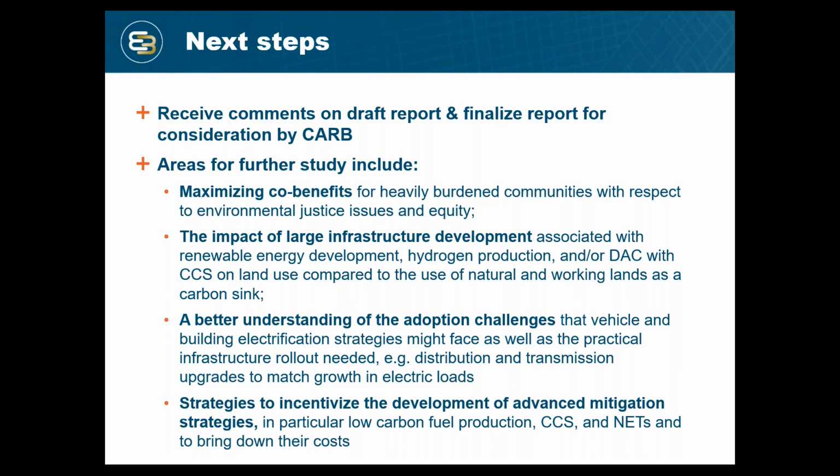But this is really in many ways about consumer decisions around the vehicles that people are purchasing, the appliances and end uses in homes. So there's a wide range of questions around how to turn the corner on consumer adoption there. And then finally, as I mentioned, that we have carbon dioxide removal strategies in all of these scenarios.